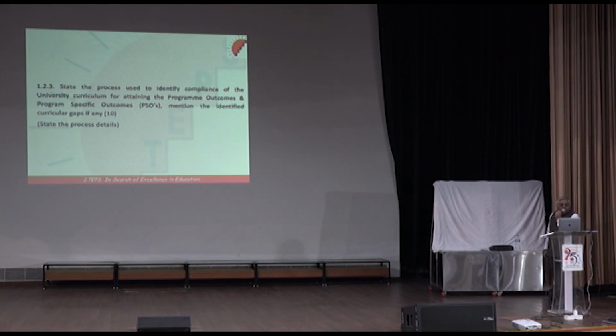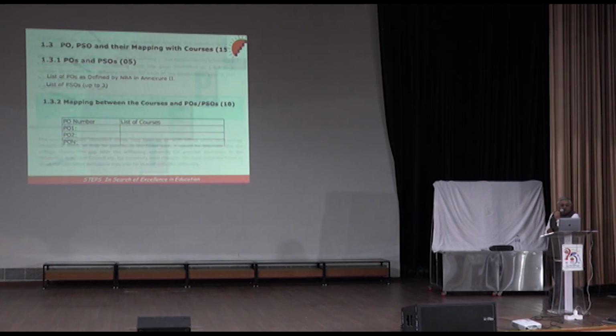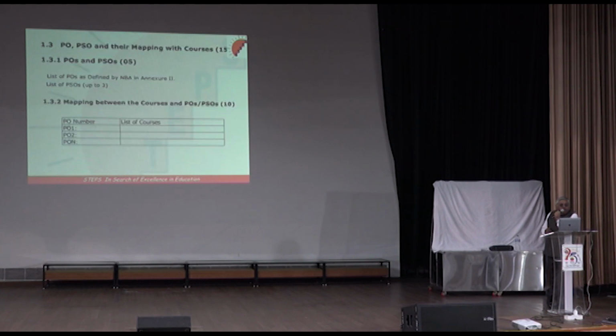State the process used to identify the compliance of university curriculum for attaining program outcomes and program specific outcomes, and mention the identified gaps. This question was already there earlier also, so I'm not emphasizing it. This question was also there. State the delivery details, content beyond syllabus.